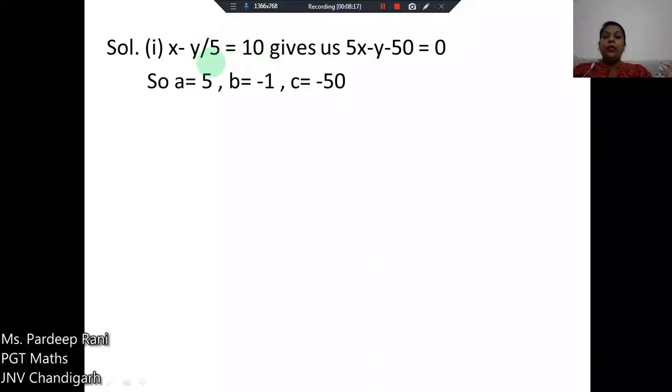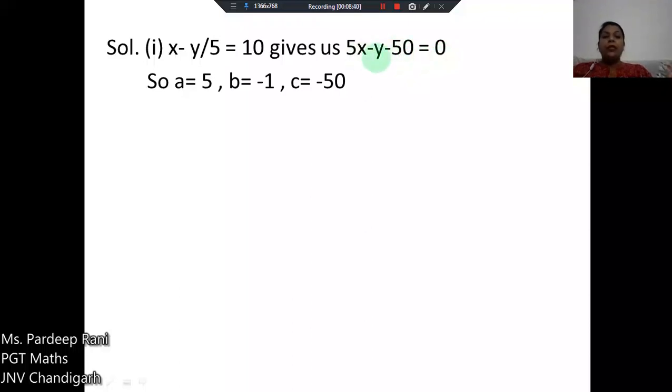Now this equation has 5 in the denominator. So firstly we will have to take the LCM, and that is equal to 5, and after taking LCM this equation will become 5x minus y minus 50 equal to 0.